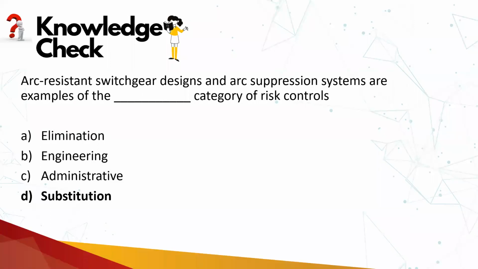An arc resistant switchgear design and arc suppression system are examples of dash category of risk control. It does not fall under engineering.